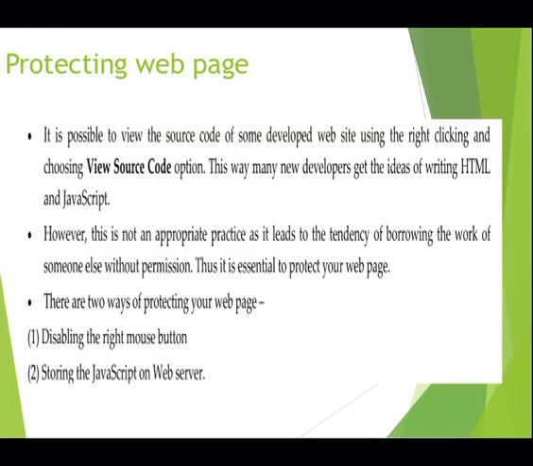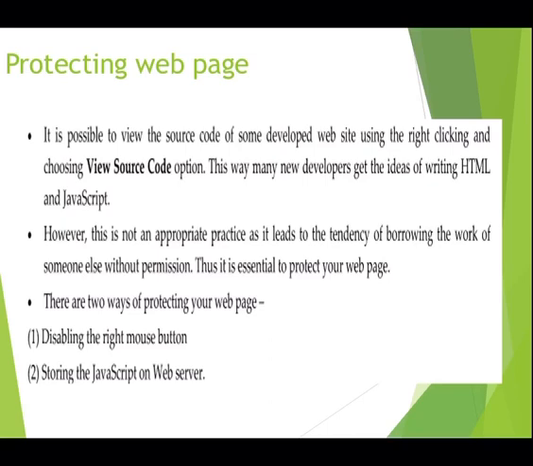So the first topic is protecting your web page. As you all know, if you have developed any website, anyone can view your JavaScript code from the browser. How is it possible? You just have to right click with your mouse and choose the view source code option.